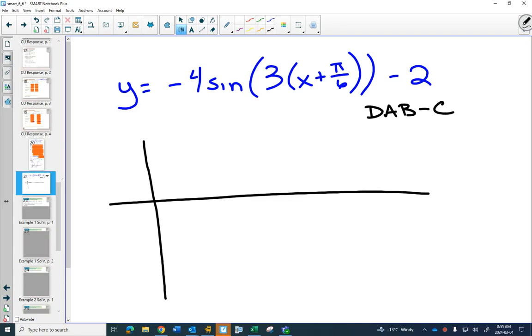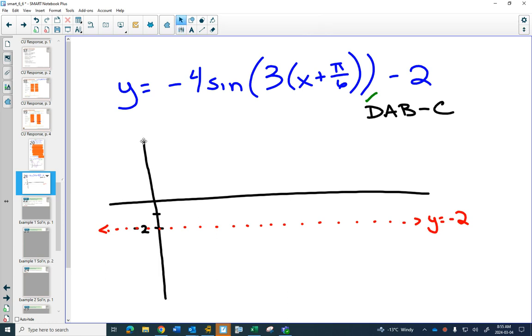I know that my D value is going to be at -2. Check mark. That's all you have to do for your D value.